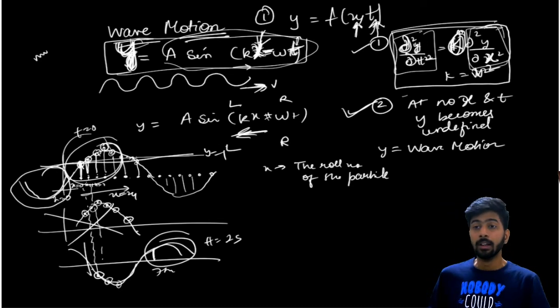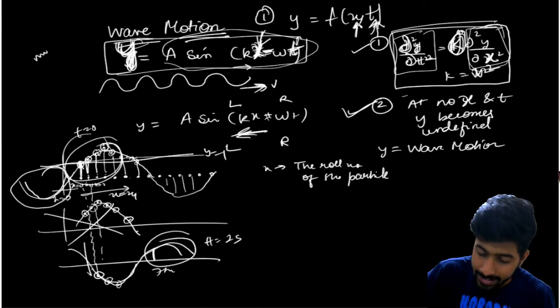So at t equal to 0 this was the case, at t equal to 2 this is the case. That means y is a function of both x and t.